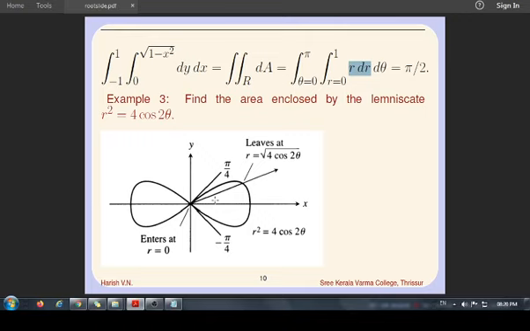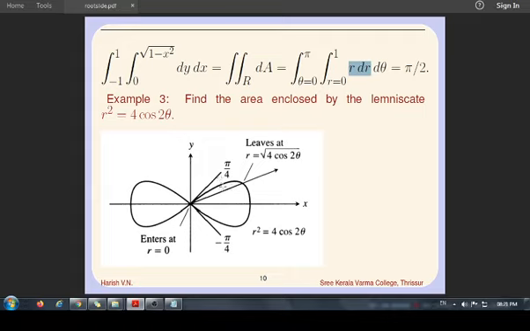Now the required area is 4 times the area that lies in the first quadrant. So let us compute the area that lies in the first quadrant. In the first quadrant, theta varies from 0 to pi by 4.